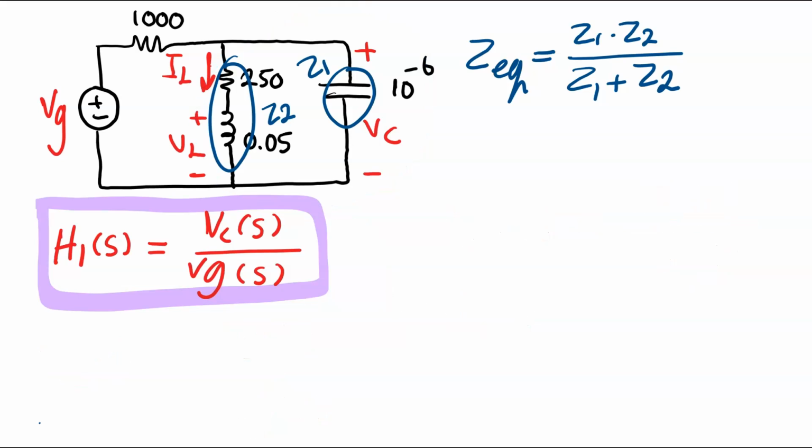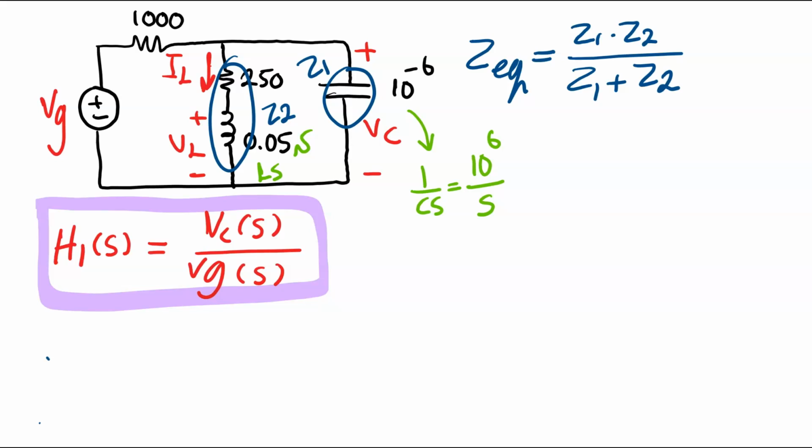So what I have for Z1 is basically 1 over CS, and that's equal to 10 to the 6 over S. And here for the inductor, I need LS, so I have to add S in front of 0.05. Now let's find Z equivalent here.